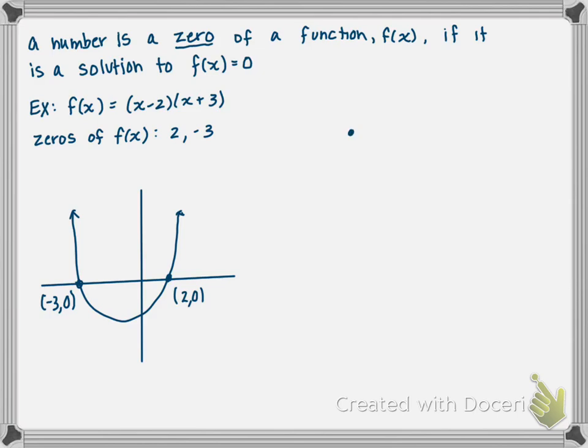So we can make these three statements. I'll just do it for this particular function. The solutions to x minus 2 times x plus 3 equals 0 are x equals 2 and x equals negative 3.